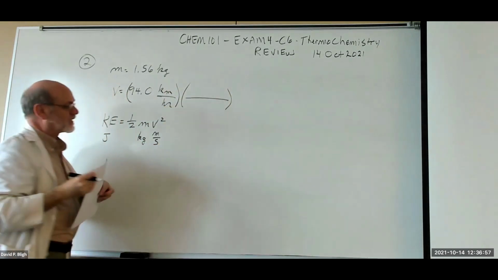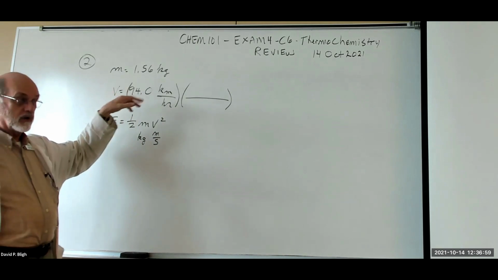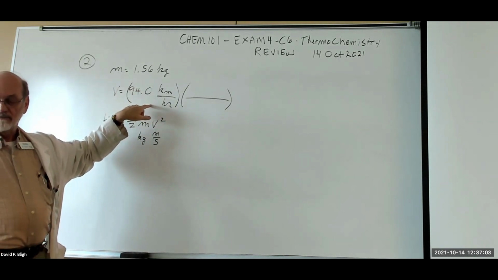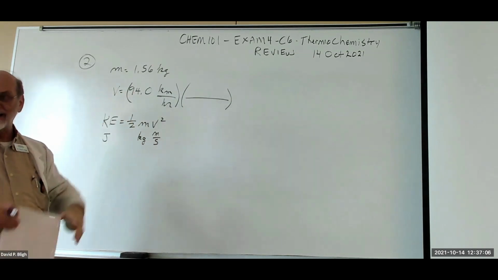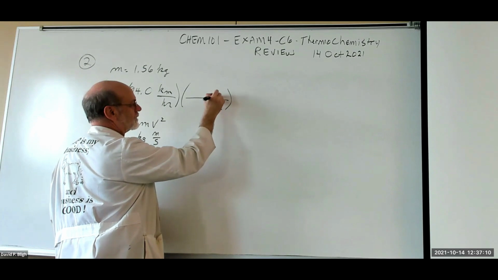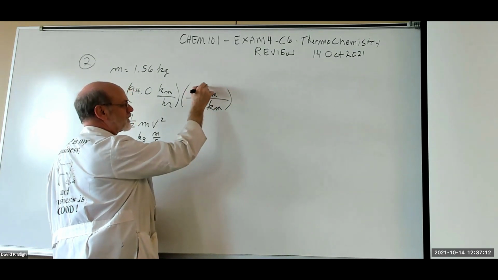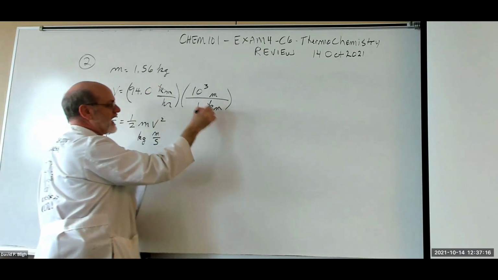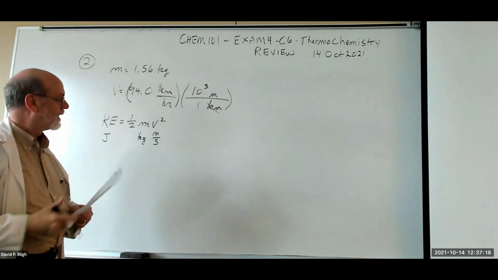So remember, when you have to convert 2 or more units in a measurement, do one at a time. So I'm going to do kilometers first. 10 to the 3rd meters is 1 kilometer. So the kilometers cancel. We got our meters taken care of.